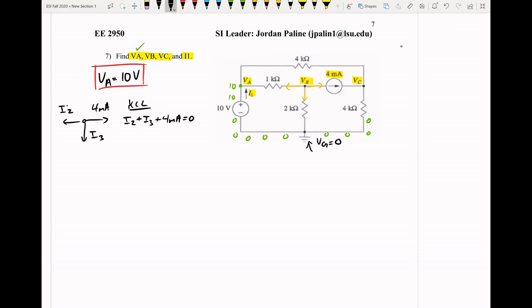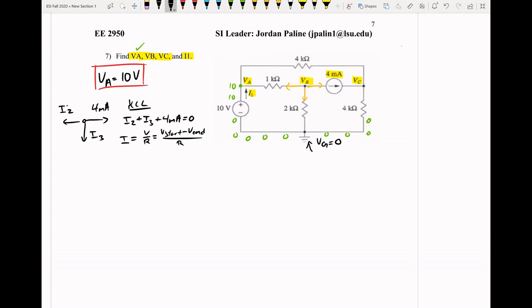then we can replace all of our currents with V over R, which will just be V of start minus V of end over R that we cross over.